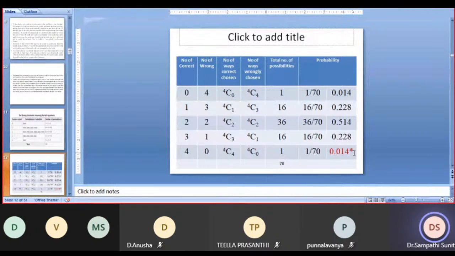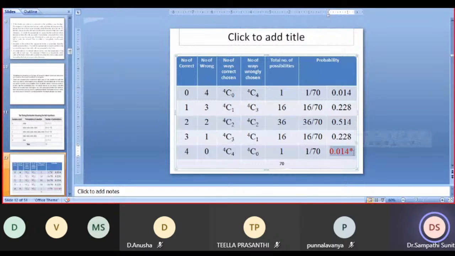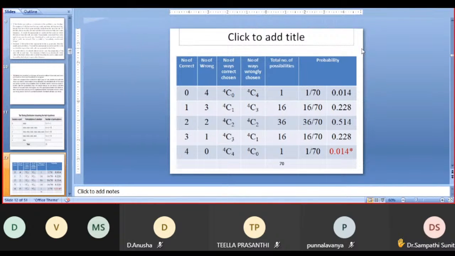If the experiment is repeated, that means instead of 8 cups, 10, 11 or 12 cups, then this value will be very less. Whenever you are testing more patients, you can identify more accurate results.